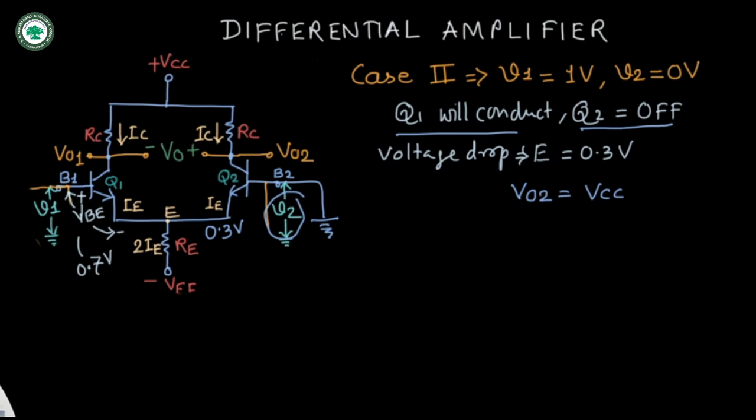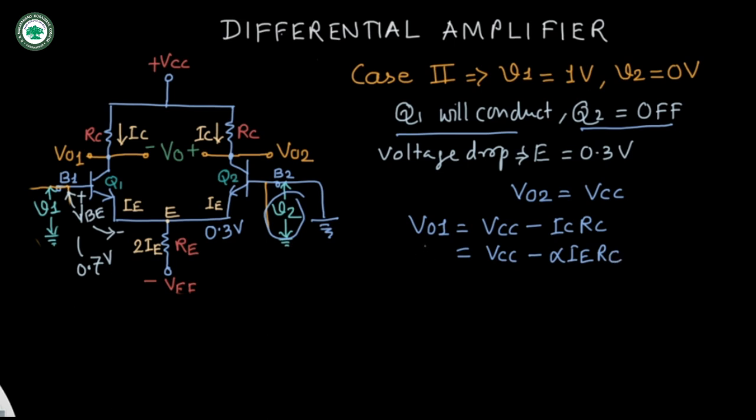And what will be the voltage at VO1? VO1 is equal to VCC minus ICRC, and we consider that IC is equal to alpha into IE.